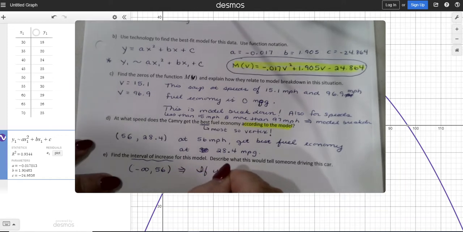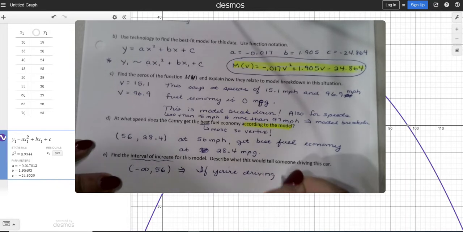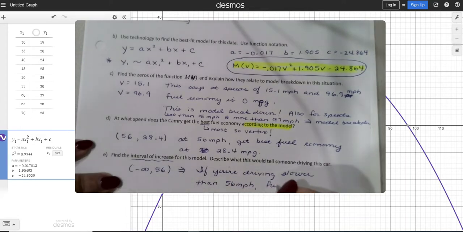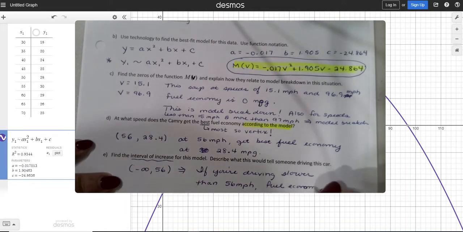So if you're driving slower than 56 miles per hour, fuel economy will improve if you speed up.